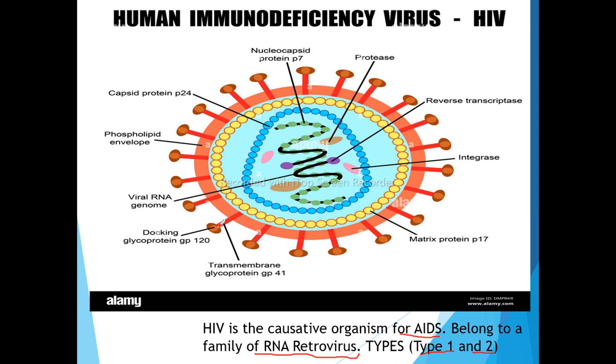Then on top of this same GP41, there is a docking protein which is called the glycoprotein GP120. This GP120 is the protein that assists in the attachment of this HIV virus to the target cells.